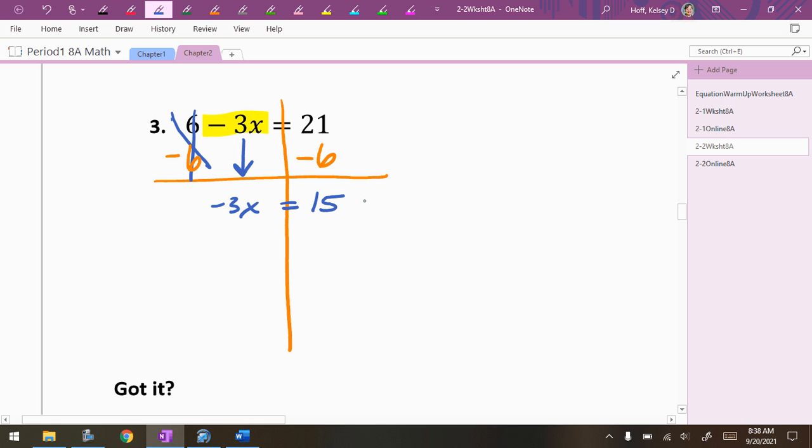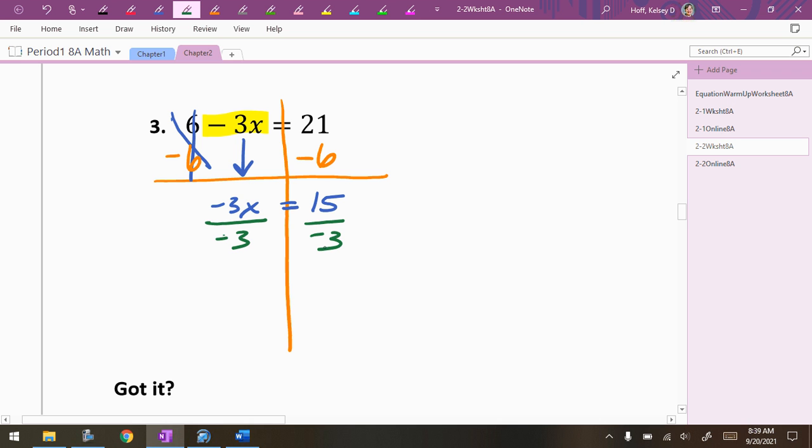Ooh, we like when they're whole numbers, don't we? Not fractions. How do I get rid of this negative 3, Young-Hun? Nope. When the number is right next to the letter, what's happening right here? Add, subtract, multiply, or divide. They are currently multiplied, so to get rid of it, I need to divide. So I'm going to divide by negative 3.